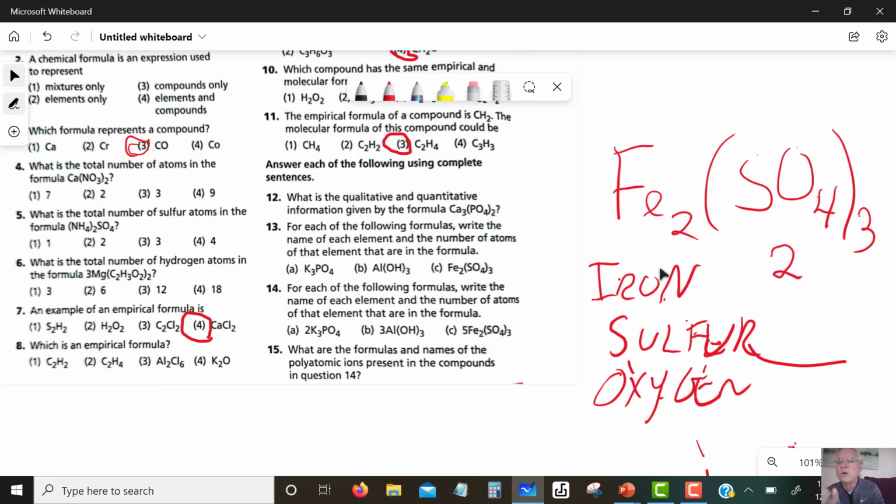Now, using the rules, the 2 is a subscript for iron, so there are 2 iron atoms in that altogether. If I go from left to right, the way we read, there's a 3 outside of this parentheses. There's understood to be a 1 there, so 3 times 1, there are 3 sulfurs. If I look at the oxygens, there are 4 oxygens in the polyatomic ion. 3 times 4 is 12.